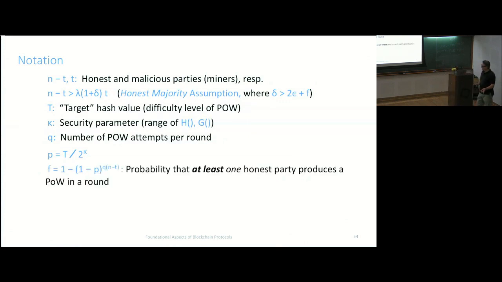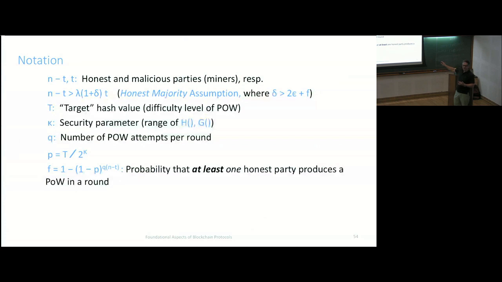So now this notation appears in a few places to denote the probability of at least one honest guy getting lucky. That's why you have the n minus t. That's why you have Q, the total number of queries. And this is the probability that nobody gets lucky.